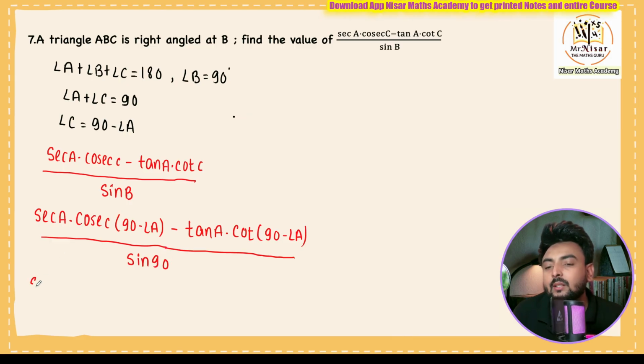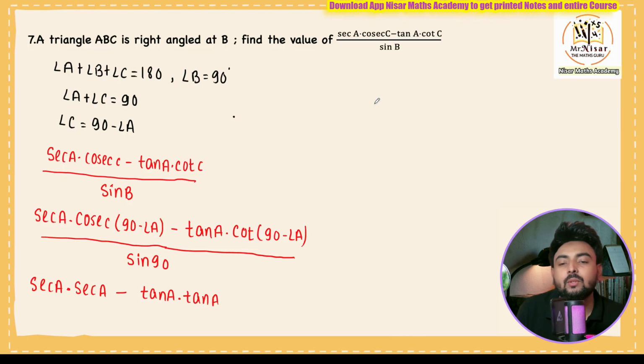Now you see children, sec A, cosec 90 minus theta, cosec is complementary to sec, so I can say that it is sec A minus tan A. Cot 90 minus theta will be tan A again, complementary of cot is tan, and sin 90 value is 1, so we no need to write that.